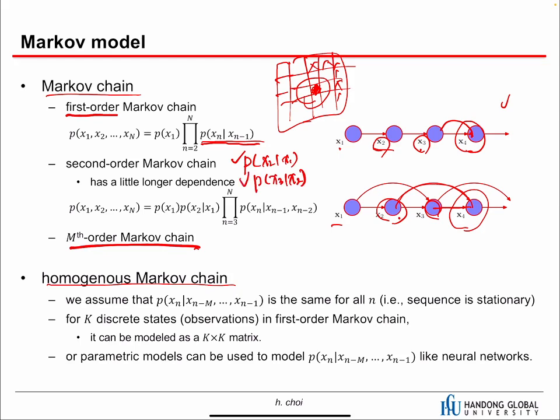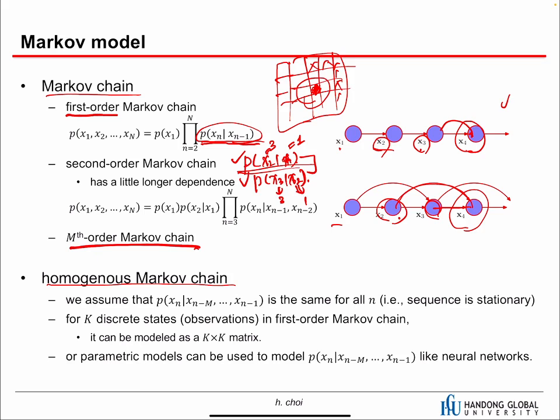We use the same model for P of xn given xn minus 1, so P is the same over all time. If the observation is discrete, for example x1 is 1 and x2 is 3, and in this case, if x2 is 1 and x3 is 3, then these two probabilities are the same.